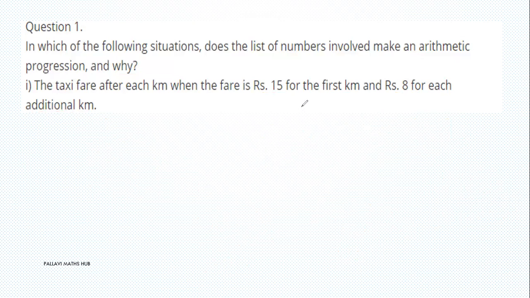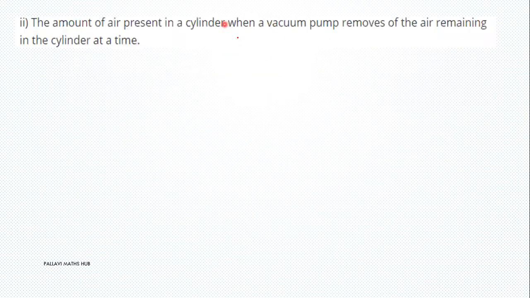Now go for the second sum. The amount of air present in a cylinder when a vacuum pump removes 1/4 of the air remaining in the cylinder at a time. What is the question? A vacuum pump and a cylinder are there.